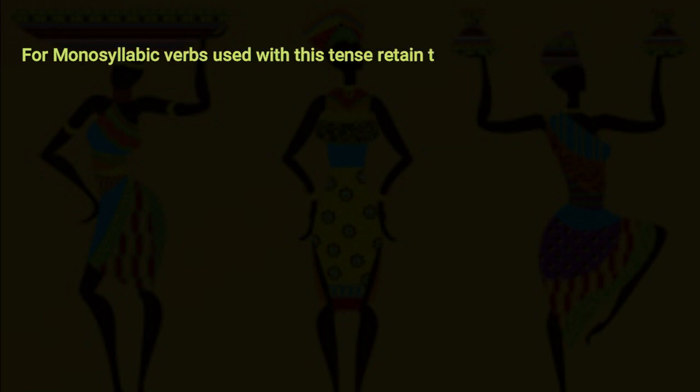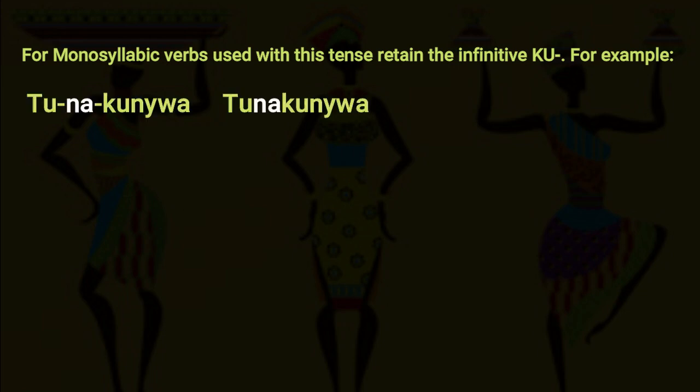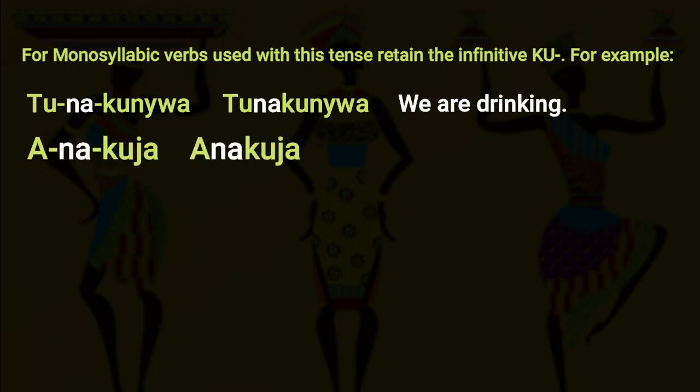Okay, so for monosyllabic verbs used with this tense, retain the infinitive ku. For example, tunakunywa, we are drinking. Anakuja, he or she is coming.